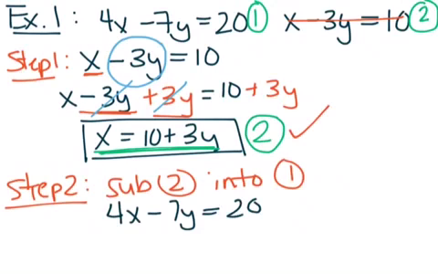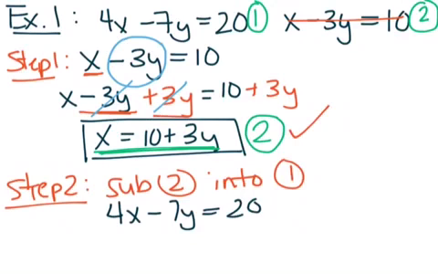What it means to substitute 2 into 1 is that every time we see x now, we're going to write 10 plus 3y. One more time, what it means to substitute one equation into another is that now that we've isolated for x, every time we see x, I'm going to put in 10 plus 3y instead, because we're told that x equals 10 plus 3y.